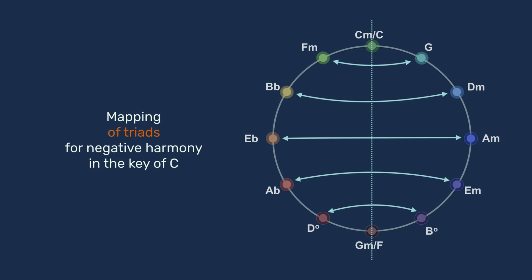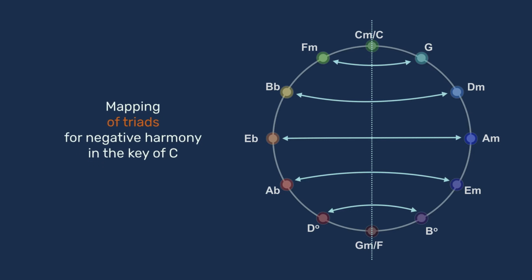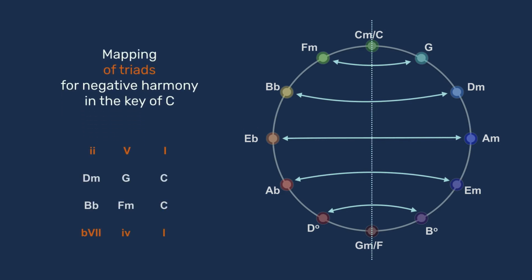At the right side, we have the triads of the C major key, and at the left side, the corresponding negative triads, those that belong to C natural minor. A progression which is in the cycle of fifths, such as a 2-5-1, when inverted, arrives at the tonic chord from the opposite side of the cycle of fifths, that is, a flat seventh, 4-1.